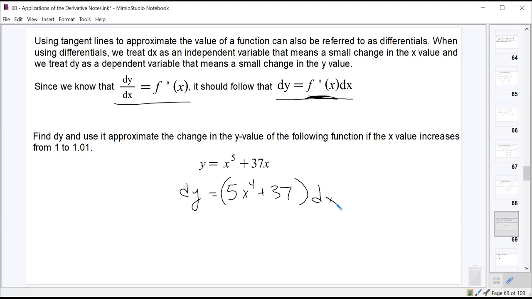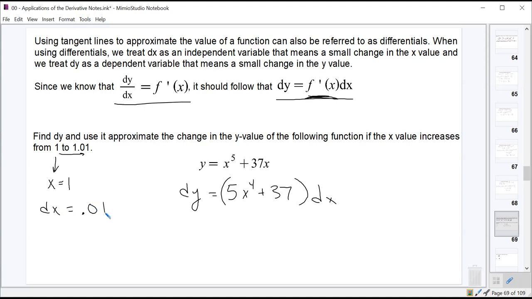And then we need to know what to plug in for x and dx. Well, x is just our starting value. x is 1, whereas dx is the amount of change in x. So if we're going from 1 to 1.01, dx is just going to be 0.01. It's going to be 1/100.